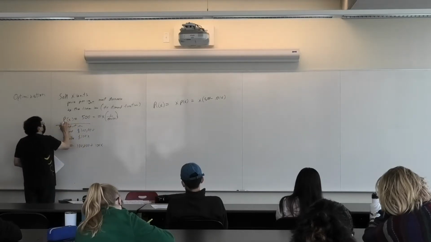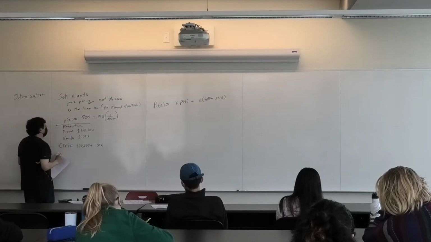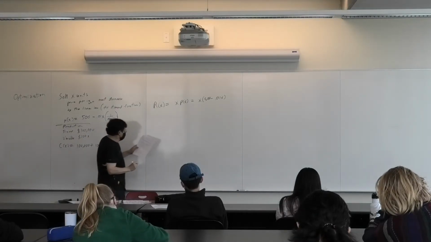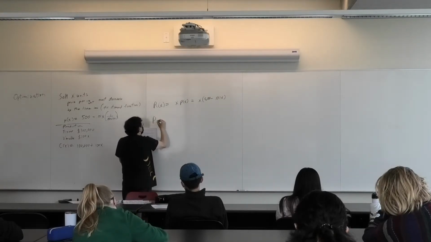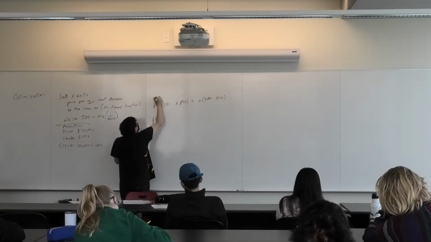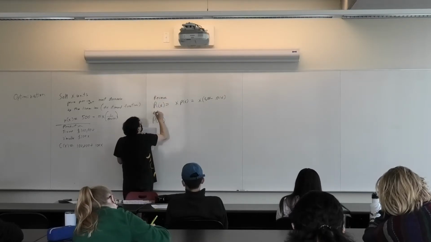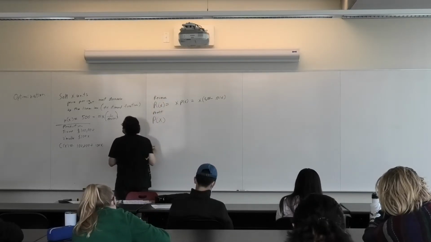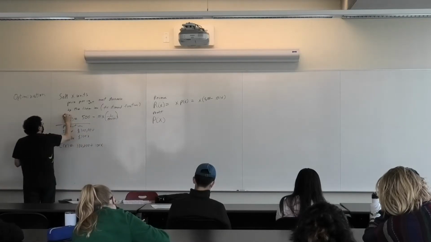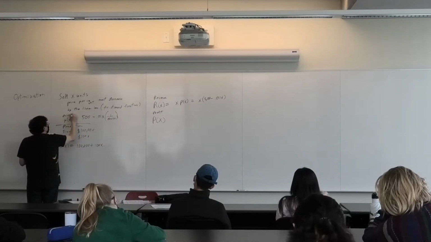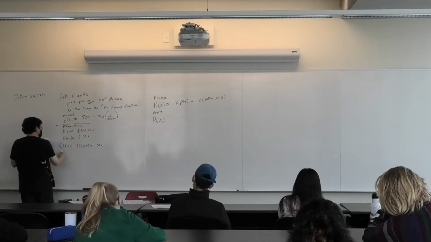I think this was a bad choice, this is lowercase p for price, right? Because we're going to use capital P for profit. This is revenue, this is price per unit, and this is cost.